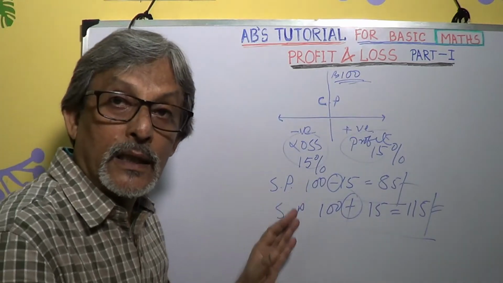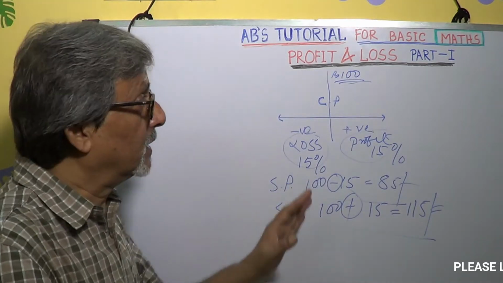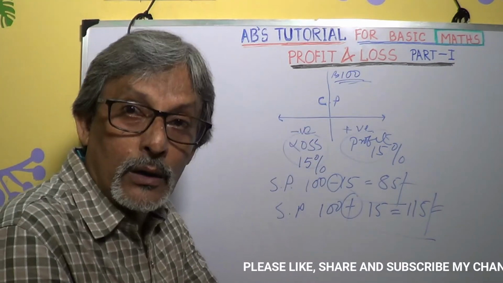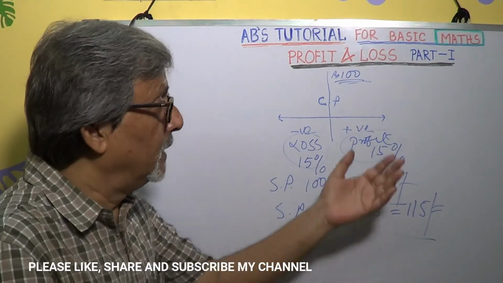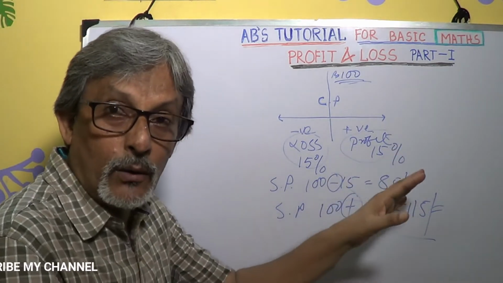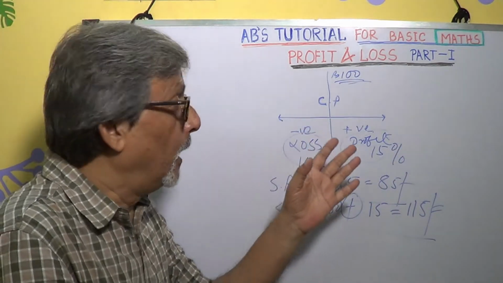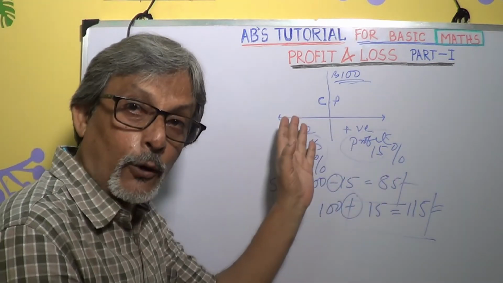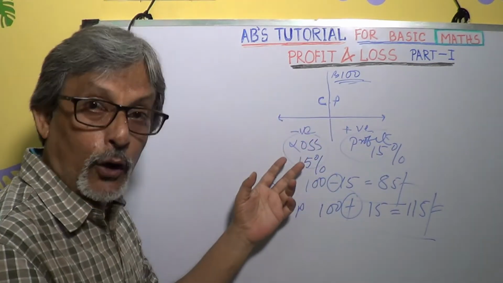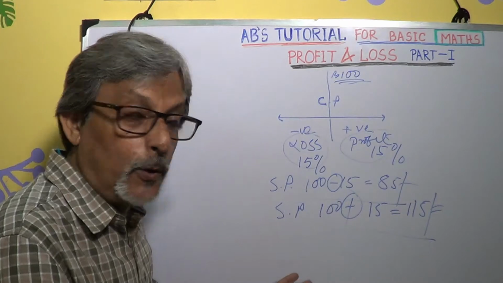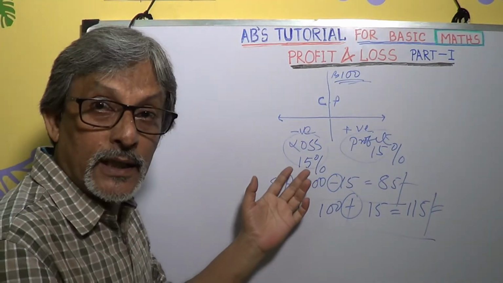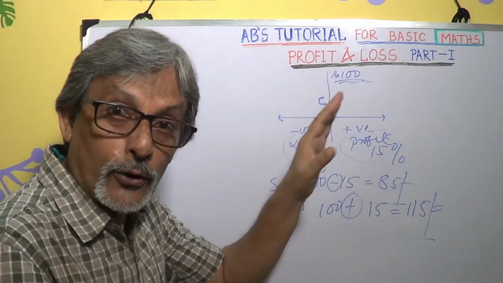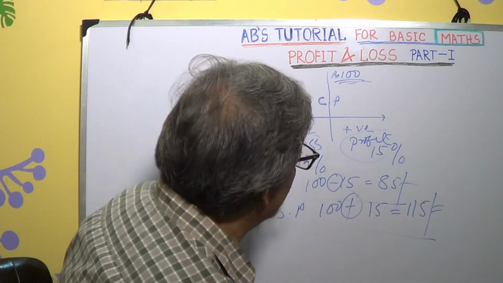So this is our basic concept. If we earn more on cost price, then this will be our profit, and we will find out the percentage of this profit on our cost price. And if it is loss, again the same thing we will follow. We will find out what is the percentage on cost price.